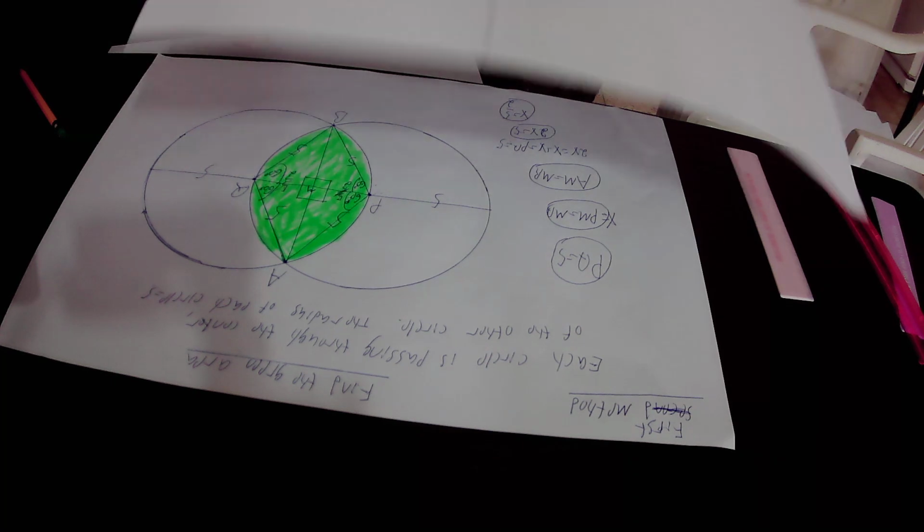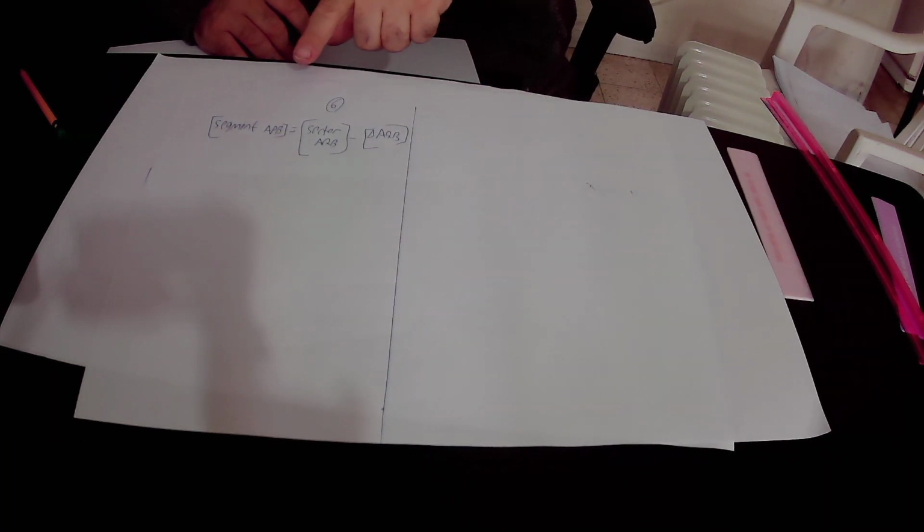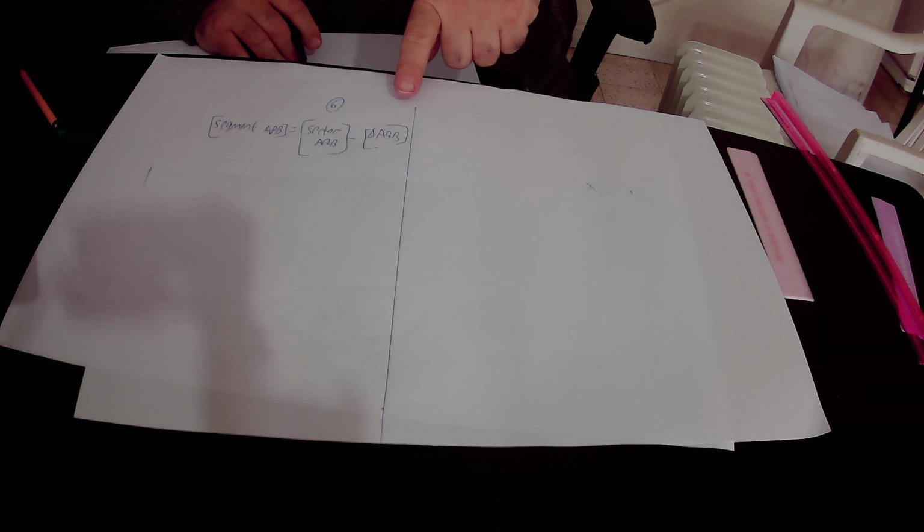I'll repeat again. The area of segment APB equals the area of sector AQB minus the area of triangle AQB.